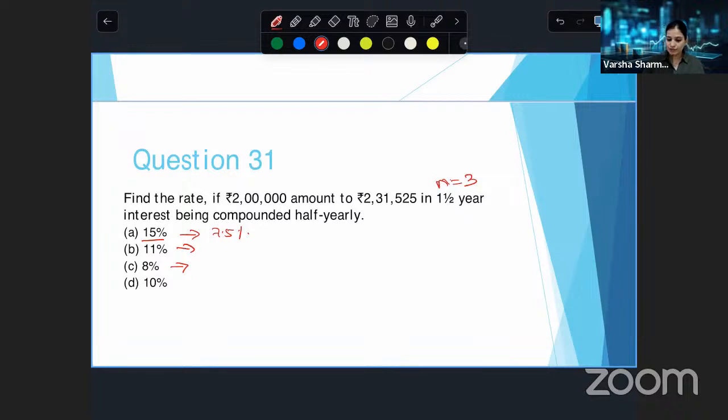No. Last one. 10% becomes 5%. 2,31,525. Exact match. 10%. Yes? Clear? Any doubt?